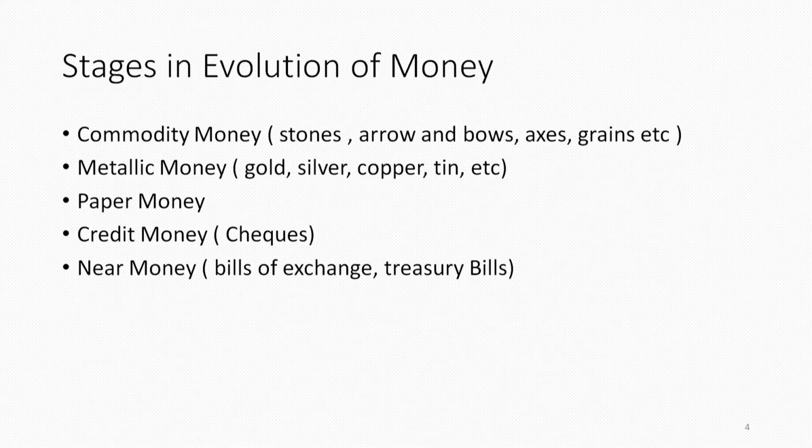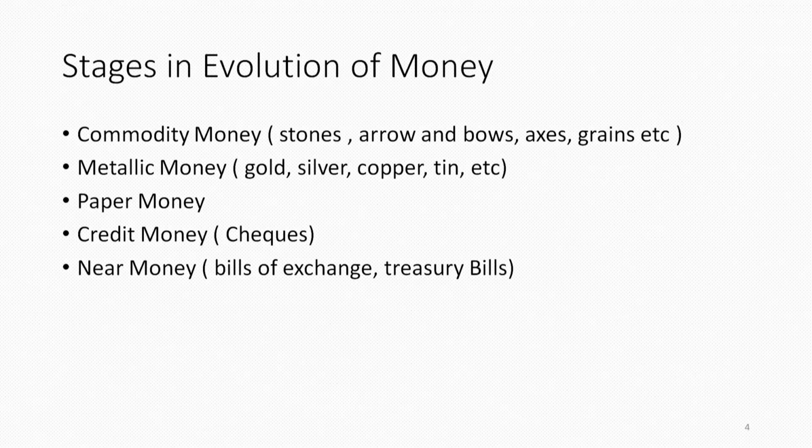Then came the paper money, the notes that we exchange today, followed by credit money in the form of checks, and the importance of banking and financial institutions came. Then was the near money, which included bills of exchange and treasury bills of 30, 60 and 90 days that can be exchanged for money.